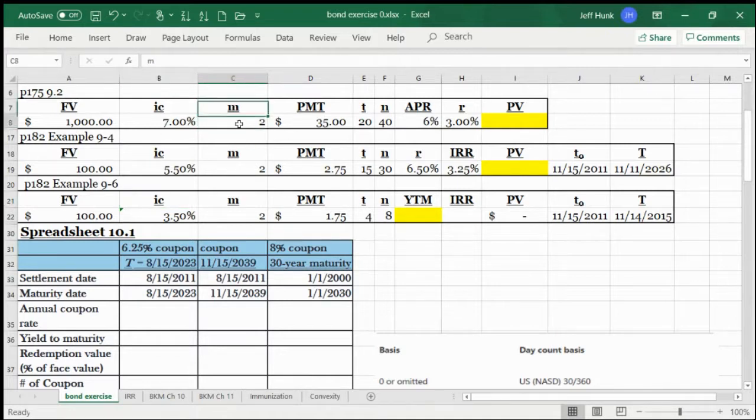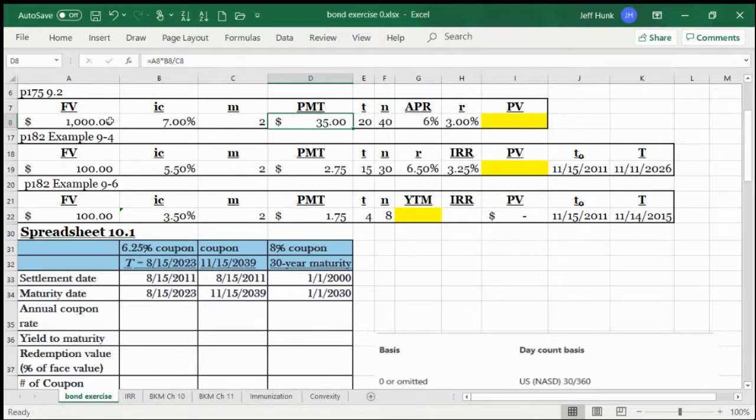Now, M stands for compounding frequency per year, right? And once again, if you have taken Finance 100 with me, I keep using the same symbol for compounding frequency per year. This is the coupon payment, $35.